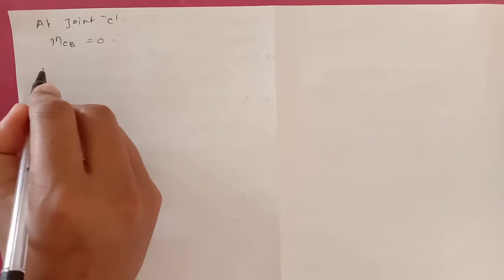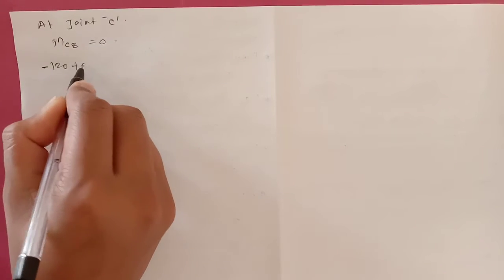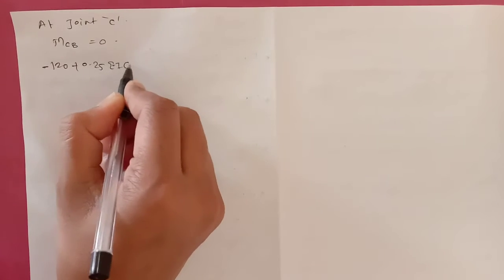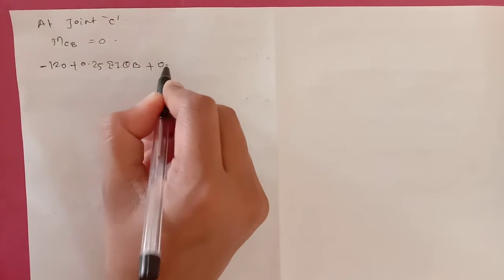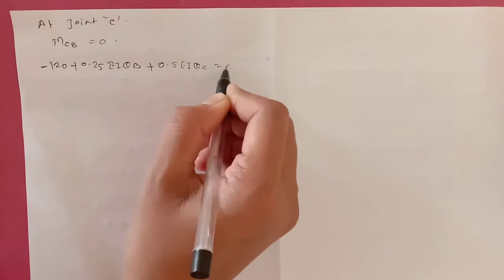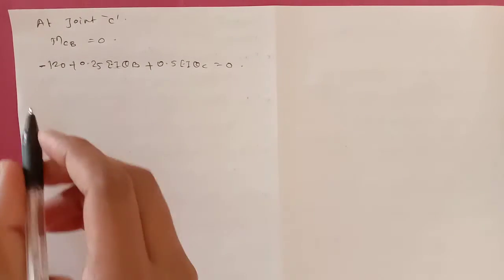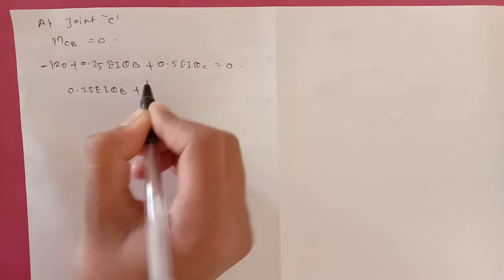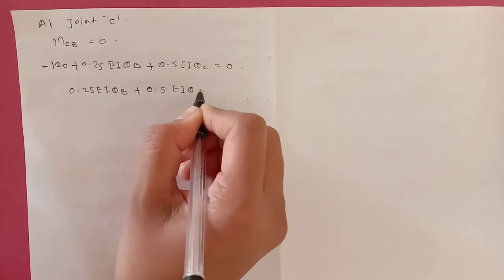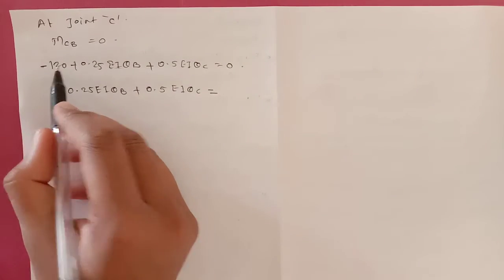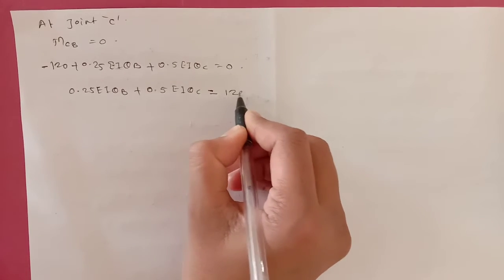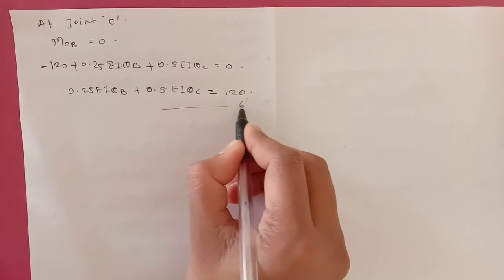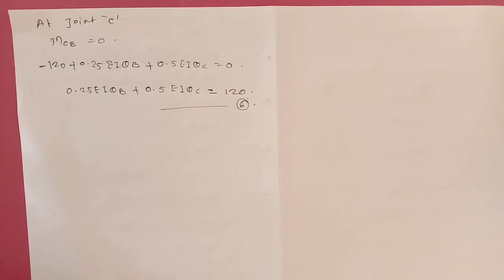So the CB equation is minus 120 plus 0.25 EI theta B plus 0.5 EI theta C is equal to 0. Okay, then solve this equation. This 0.25 EI theta B plus 0.5 EI theta C is equal to this minus 120 here plus 120. So this is equation number 6. Then from the fifth and sixth equations, by solving these, we get the values of theta B and theta C.